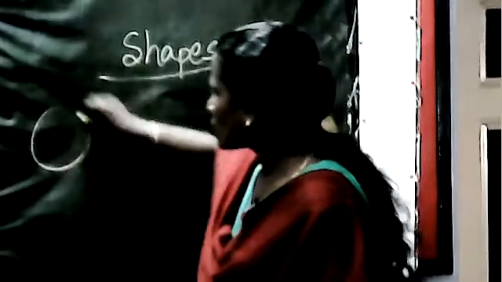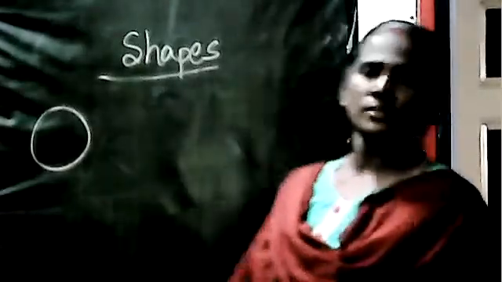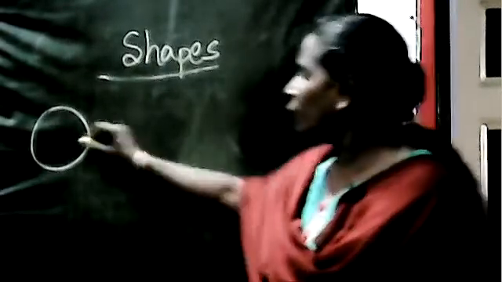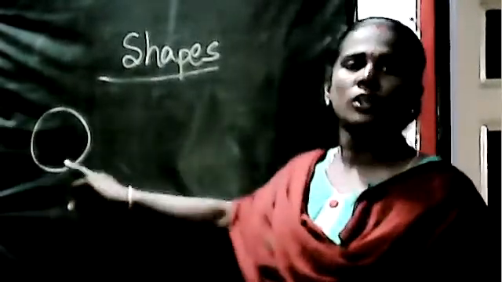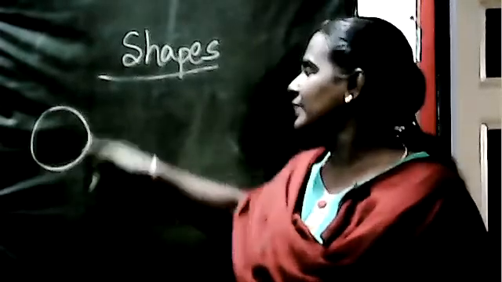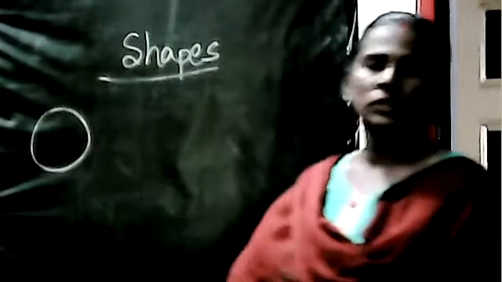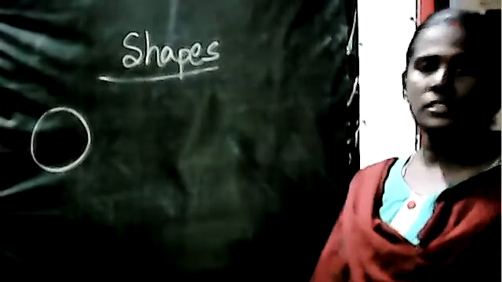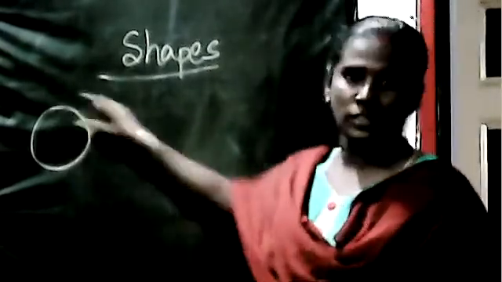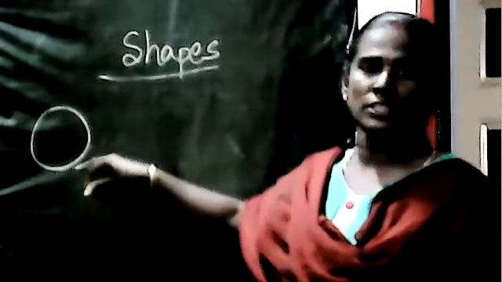First, what shape is this children? This is a circle. So you have to tell me what objects you see in this circle shape. For example, ball. Next, see here, biscuit. These are all in circle shape.